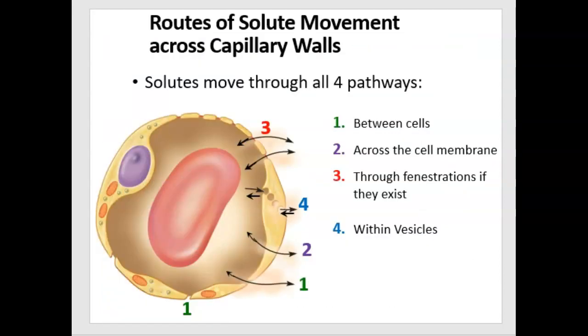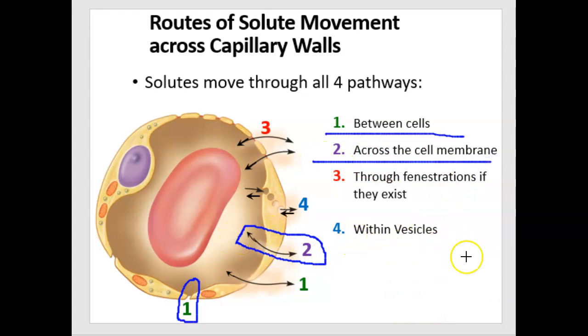So if we look at the wall of a continuous capillary, we see that there are various locations through which solutes can move. Between the cells, intercellular junctions, sometimes they're called intercellular clefts. Across the cell membrane, if there's a channel for the substance, or maybe the solute is lipophilic and it can cross the phospholipid bilayer.